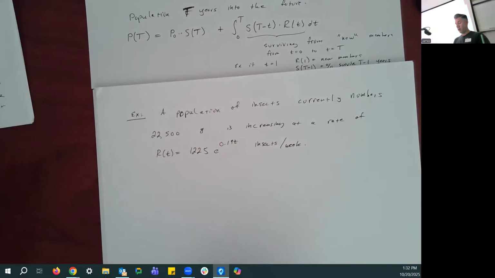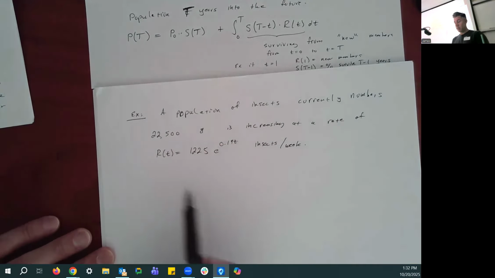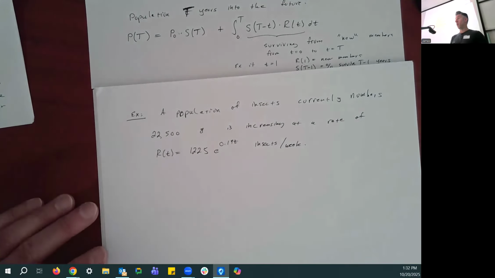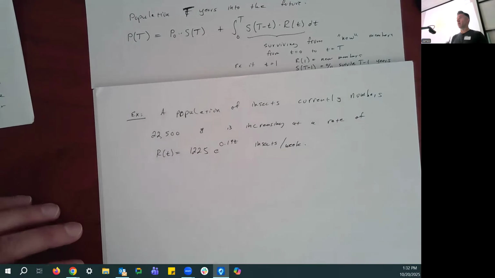These examples have so many words. So notably here, as time increases, this rate is going to increase, right? That R of t is going to be larger the longer time goes on because there's going to be more insects and they're going to make more insects.